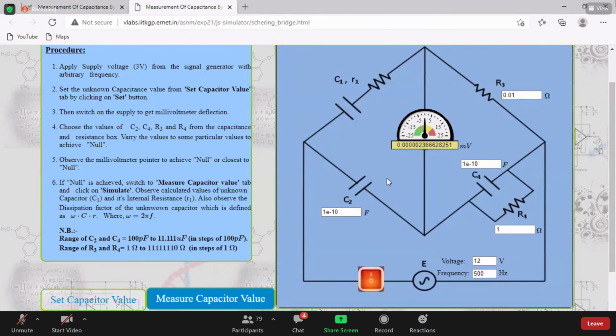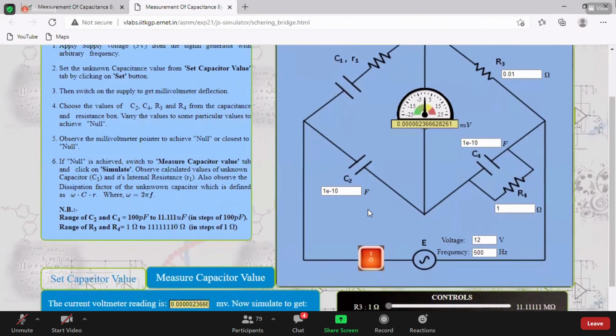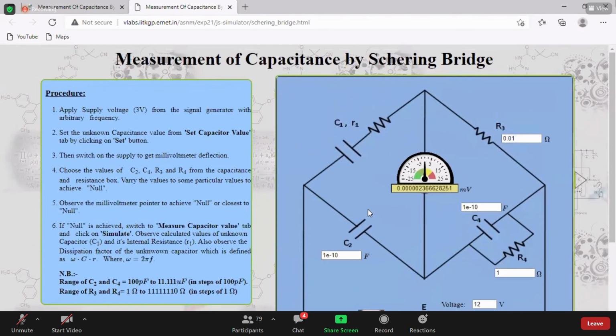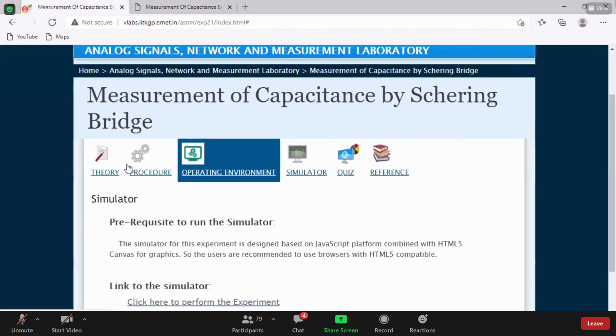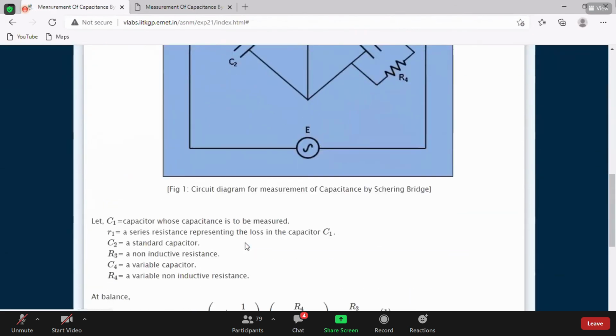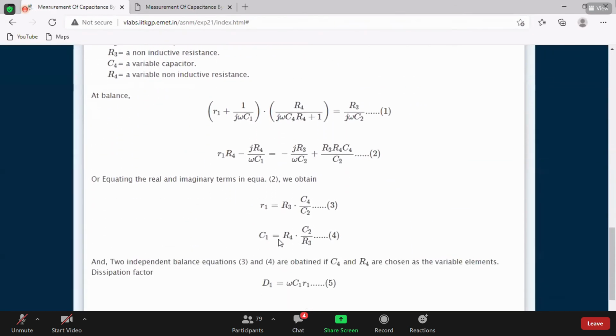Okay. What is the formula to find out the unknown capacitance? C1 is equal to R4 into C2 by C3. Okay, all right. Stop sharing.